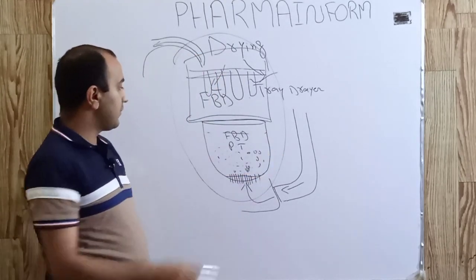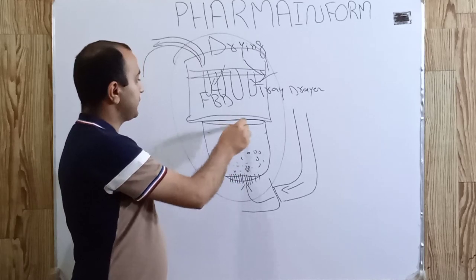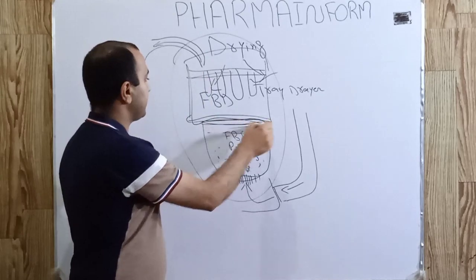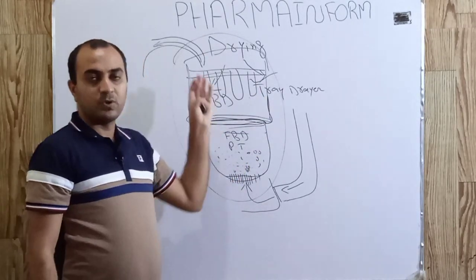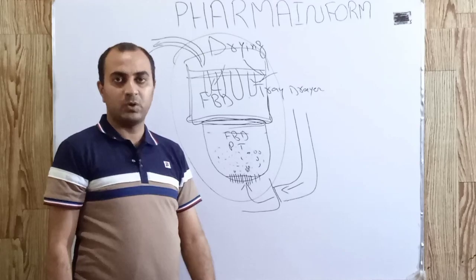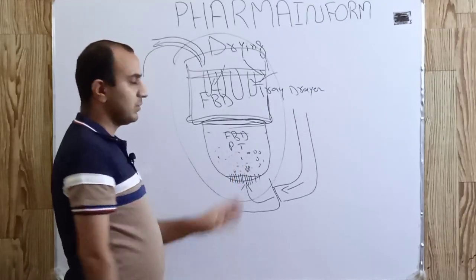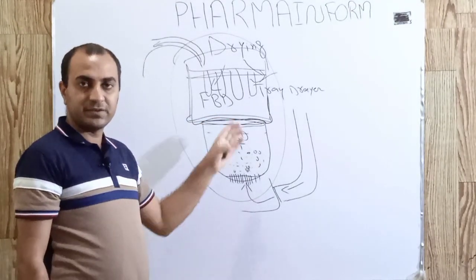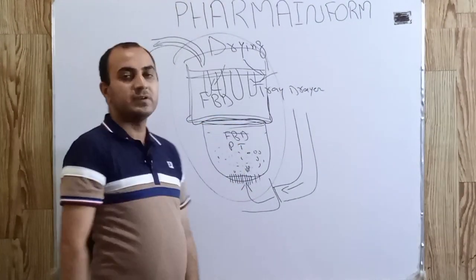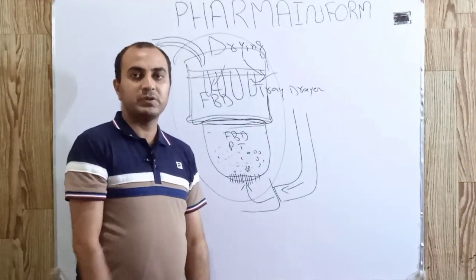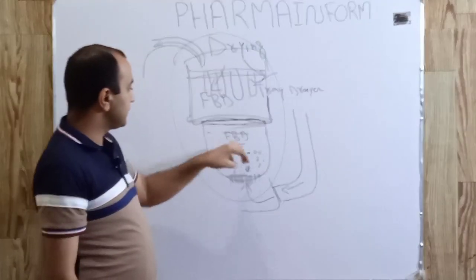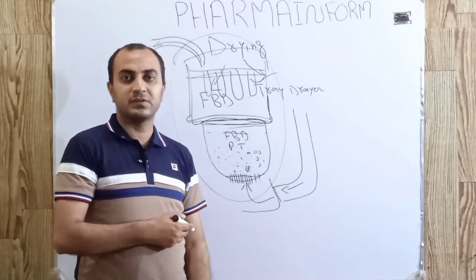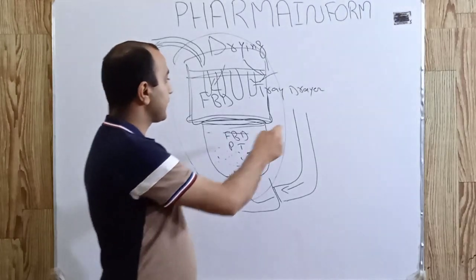After putting our product into the product trolley, we seal our product trolley under the SS vessel of the fluidized bed dryer, so our complete system becomes locked. After locking the product trolley into the FBD SS vessel, we start our drying process. Now we will discuss how basically this drying procedure results in fluidization, or why it is known as fluidized bed dryer.